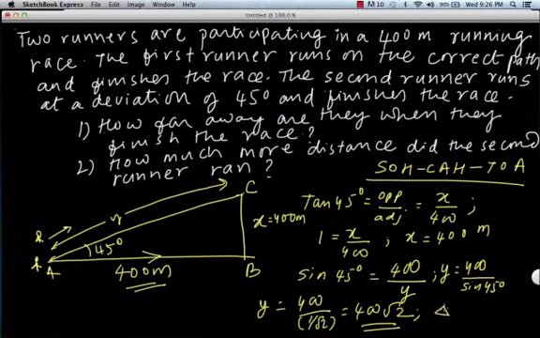So the delta is 400 root 2 minus 400, which is 400 times (root 2 minus 1) meters. So the second runner had to travel root 2 or 1.414 meters more than the first runner to complete the race.